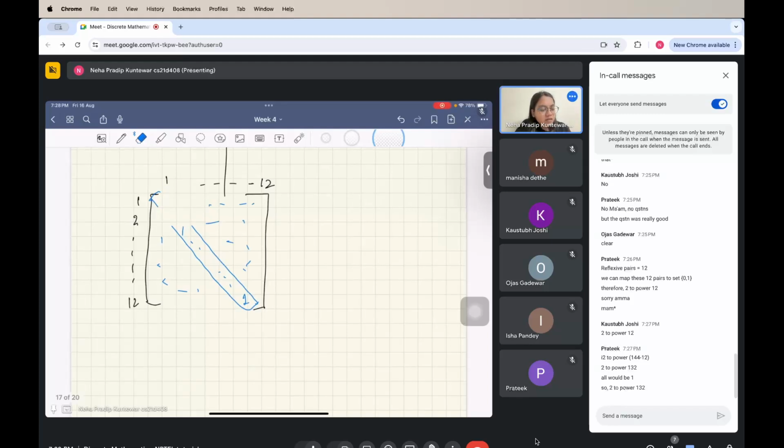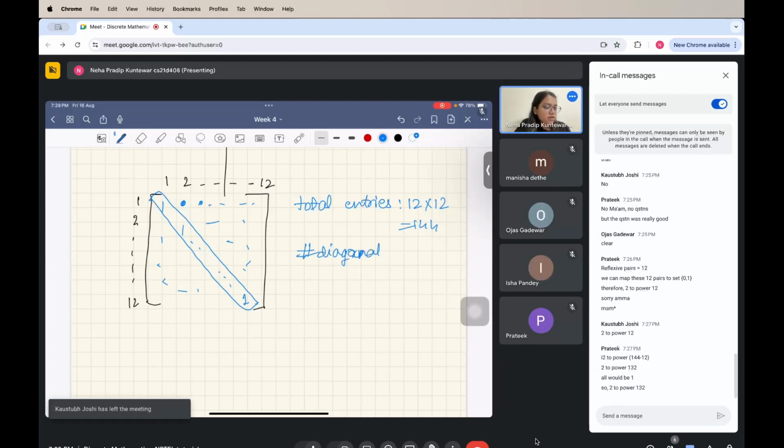So the question now is, how many entries are there which are not on the diagonal? So totally the number of entries is 12 into 12, which is 144, and the number of diagonal entries is 12, and therefore the number of non diagonal entries is 144 minus 12, which is 132.